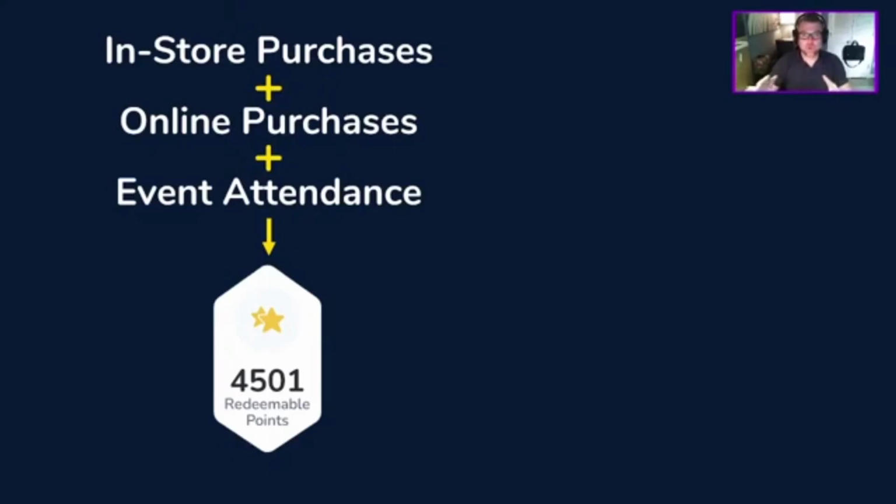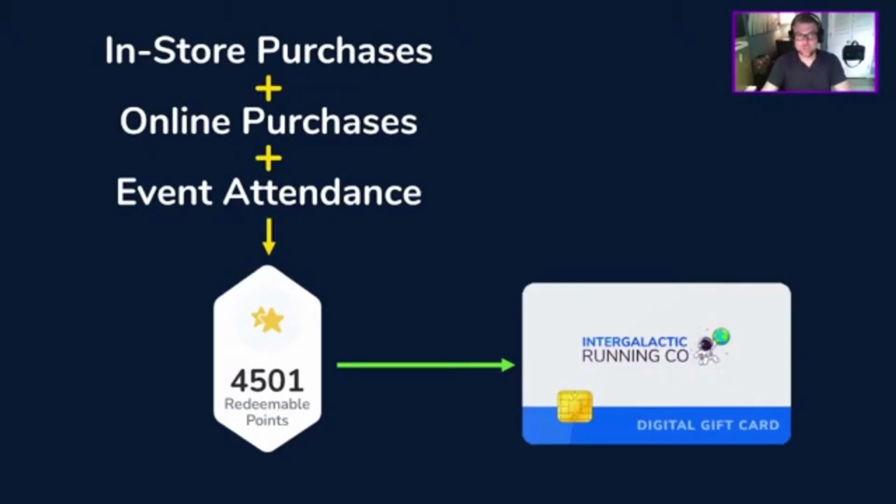When you set up your point system, and we'll talk about how that works in a second, it's a two-hop system. You accumulate points, and then you redeem those points for something. In order for there to be a self-service system, both in store and online, our solution was that you redeem those points for digital gift cards.